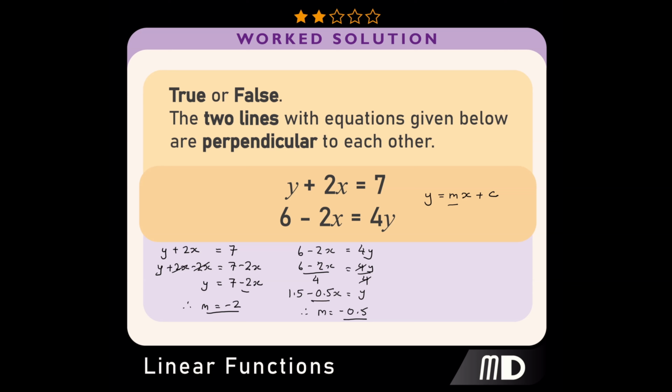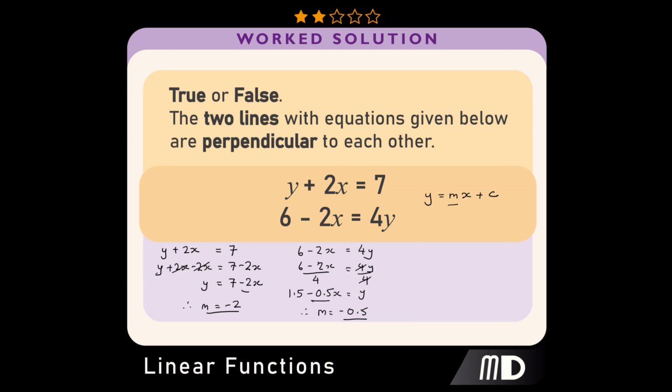So now we know our two gradients. One of them is minus 2, and the other is minus 0.5. Now there are a couple of ways we can work out whether these lines are perpendicular. Probably the easiest method is to multiply these two gradients together.